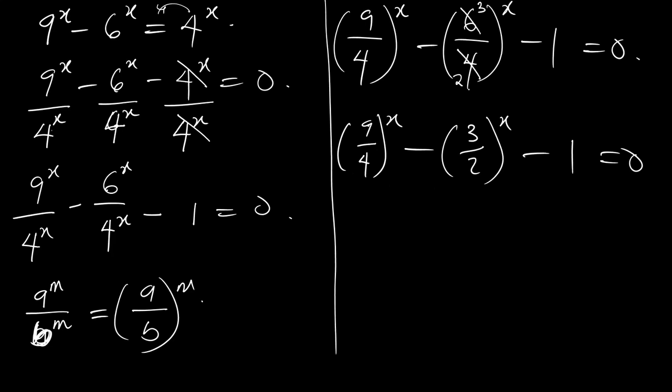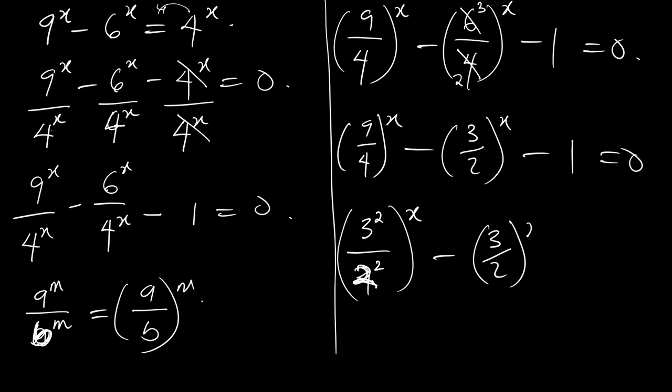Now the 9 can also be written in this form, 3 to the power 2, and 4 can be written as 2 to the power 2, all to the power x, minus 3 over 2 all to the power x minus 1 is equal to 0.